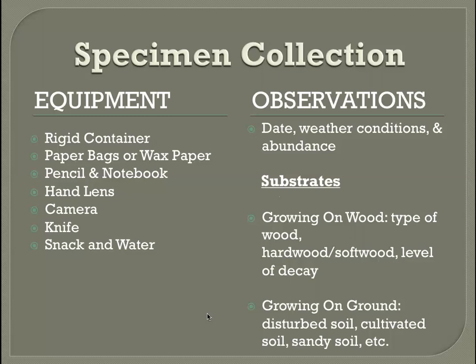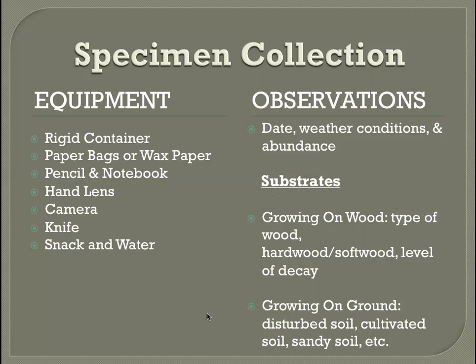Another very, very important feature to look for, something we haven't talked about yet, is the substrate on which the fruiting body is growing. In the forest, it's often growing on wood, or it's growing on the ground. On wood, it could be a hardwood, a deciduous tree, or a softwood, like a conifer. It could be a highly decayed piece of wood, or a highly decayed tree, to a tree that is even still alive.